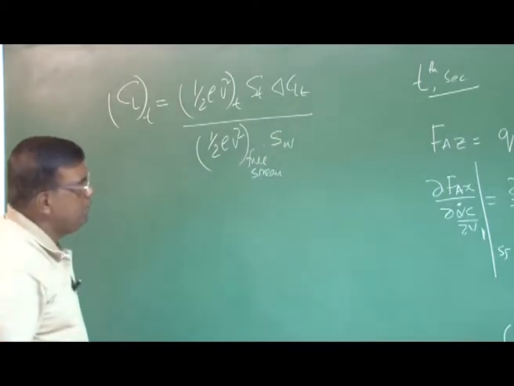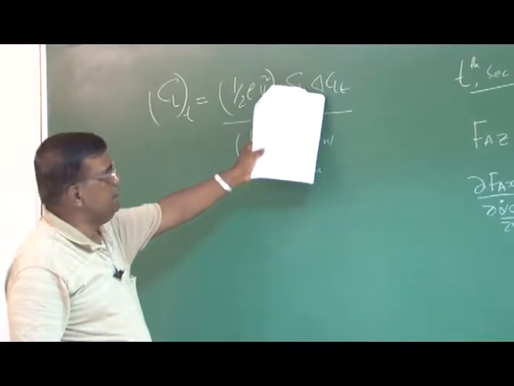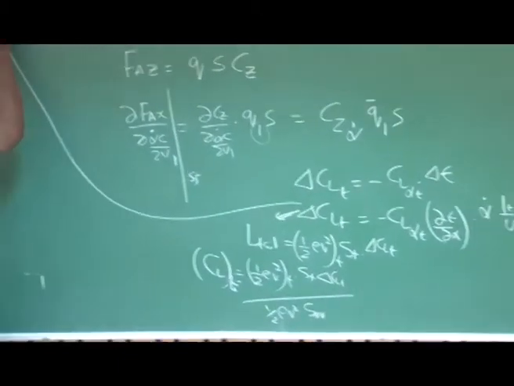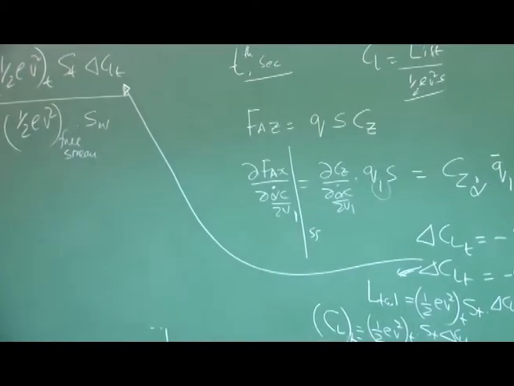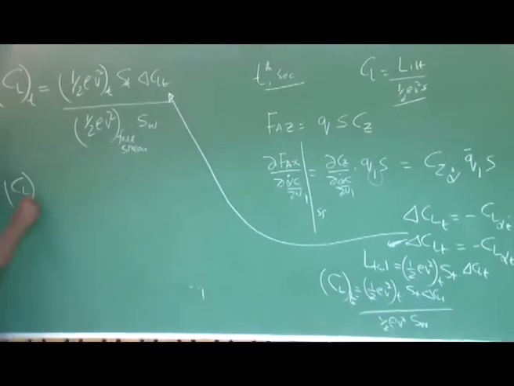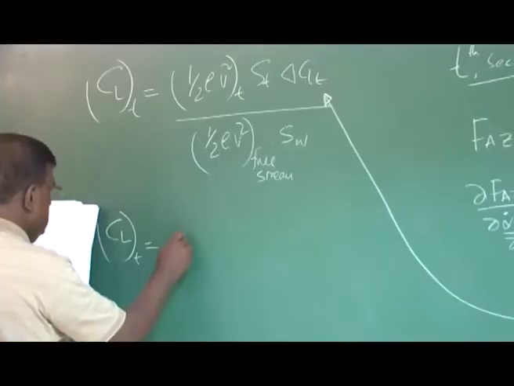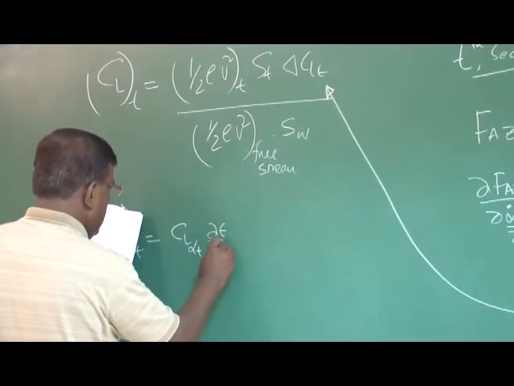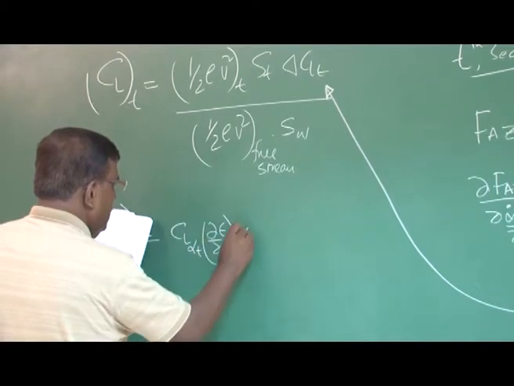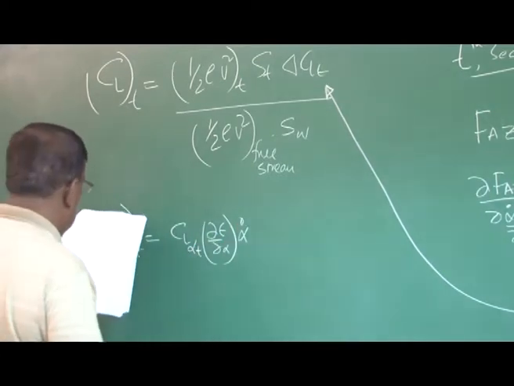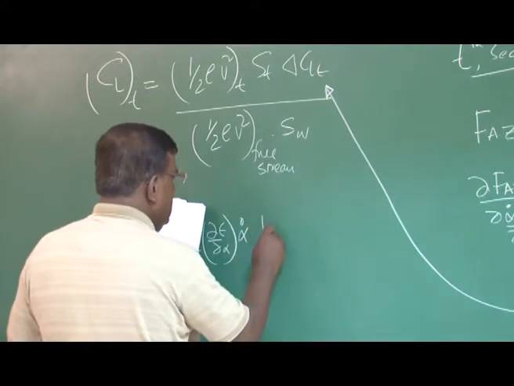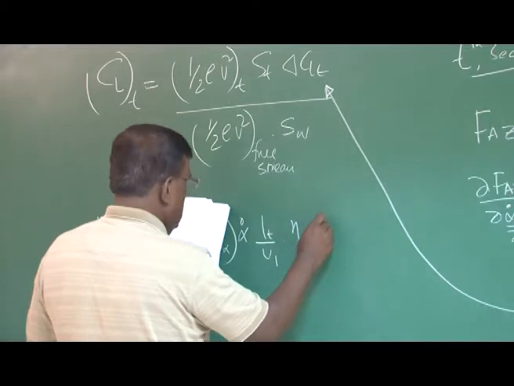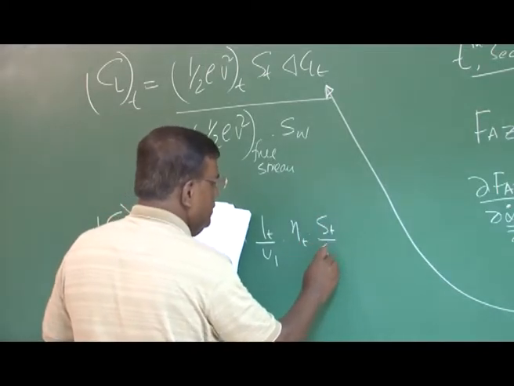I substitute the expression for delta CLT from here, then I can write CL tail as CL alpha tail into d epsilon by d alpha into alpha dot into LT by U1 into eta t into S tail by SW.